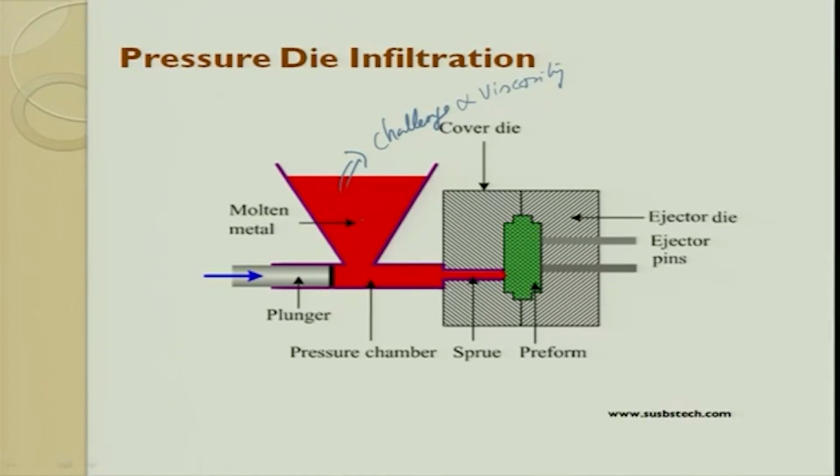It goes through a sprue, and then here is a preform. Placing the preform is also a challenge. Why? Because of this very high pressure, the preform gets displaced. The moment it gets displaced, you will not have a quality product.